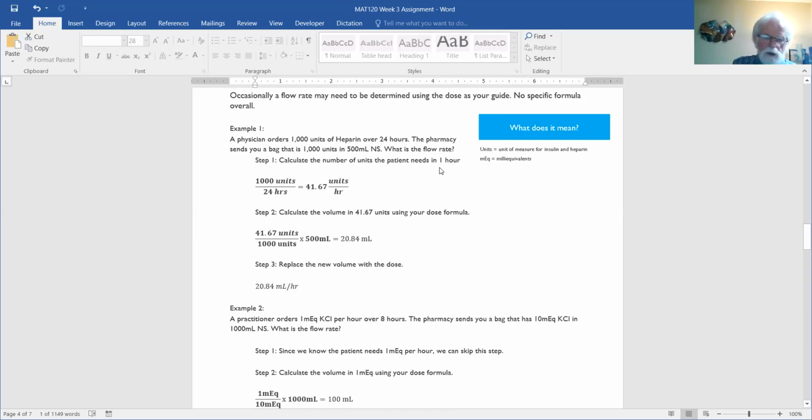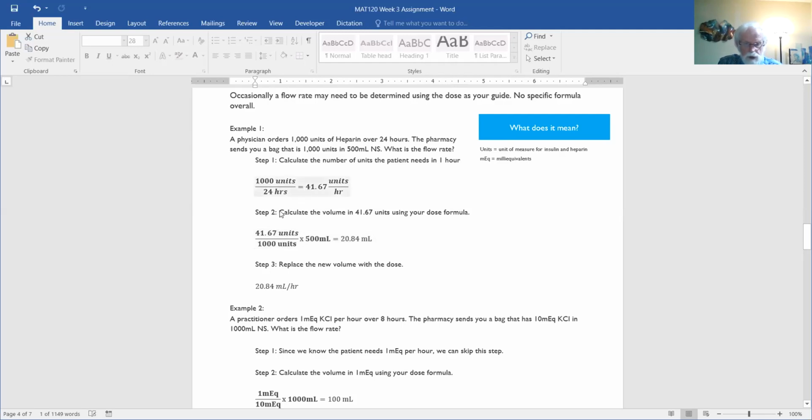Remember last week we were using the formula: dose prescribed divided by dose on hand, times the vehicle, times quantity. In this case, dose prescribed is 41.67 units per hour.